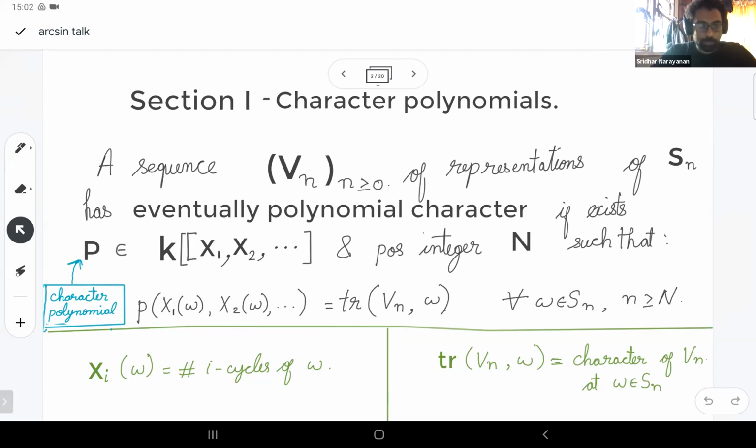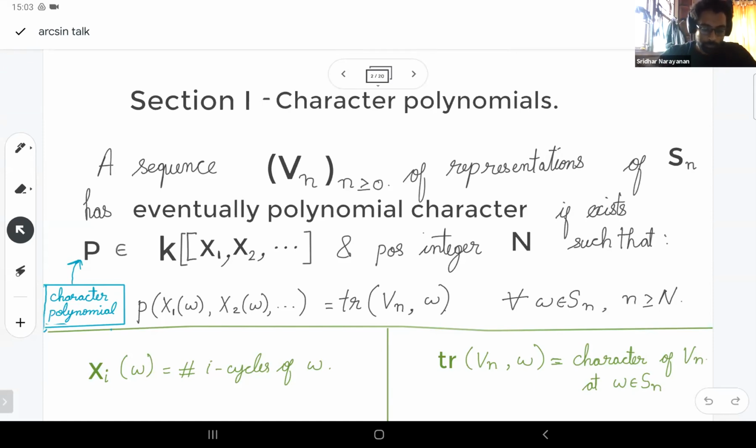In order to define character polynomials, we must first define some elementary class functions on permutations. We define these class functions X_i: X_i on a permutation is simply the number of i-cycles in that permutation. So for example, X_1 of the identity permutation of S_n would simply be n, because X_1 would count the number of one-cycles or fixed points.